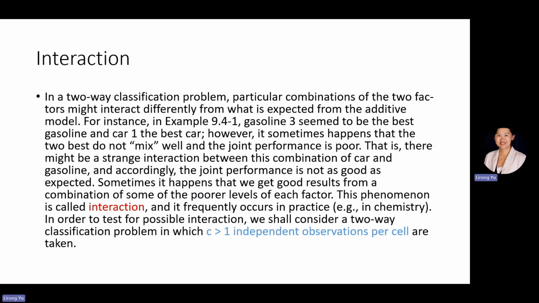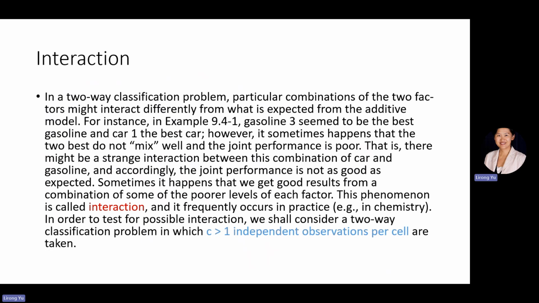All right, one more thing: when there is a 2-way ANOVA, there's an additional factor. Instead of just factor A and factor B, you have a 2-factor, 2-way ANOVA. But then what about the interaction? In a 2-way ANOVA problem, what about the combined effect? These two factors might interact differently from what's expected from the additive property.